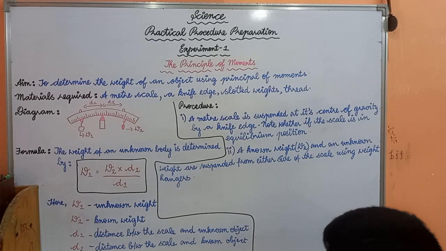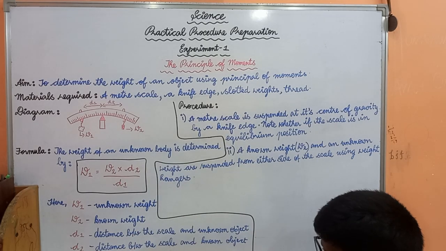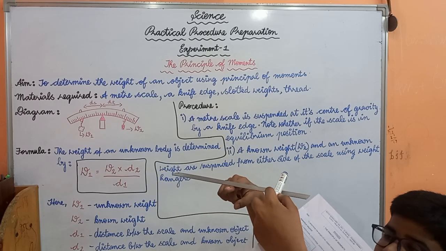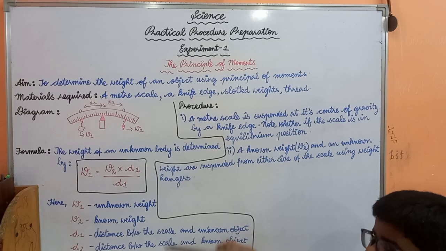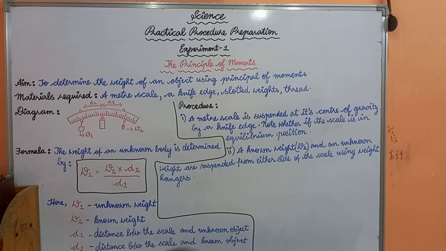The second point is that, from the scale, you have to balance the two weights given, one here and one here. Make sure that they are equal and they do not fall like this one did.